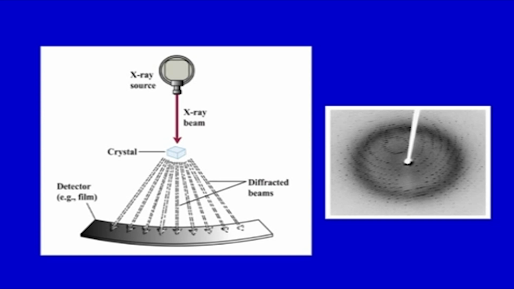This is a screen, or it could be a photographic X-ray film, or a phosphorescence screen as in an imaging plate scanner, or CCD detectors and other detectors. And finally, what you get is the diffraction pattern.